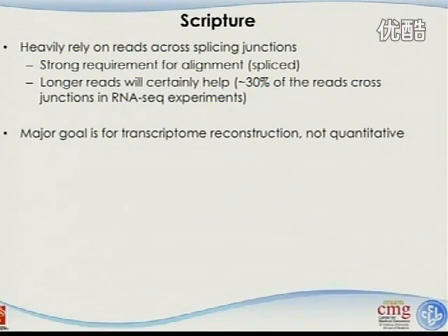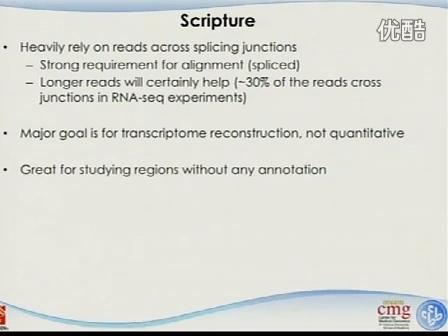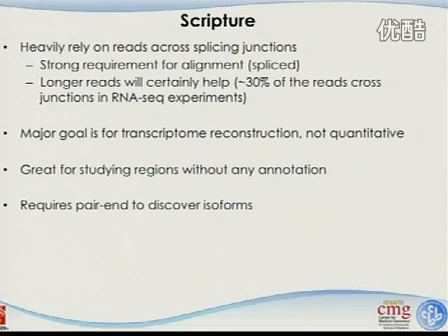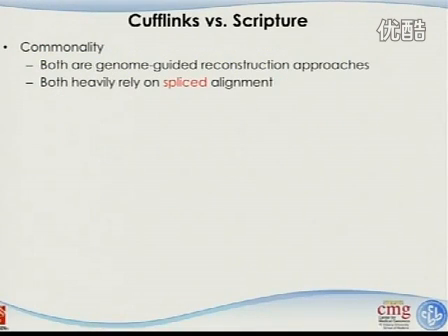That is one of the major differences between Scripture and Cufflinks. Cufflinks can do both isoform reconstruction together with quantification. For Scripture, you only do the reconstruction part. It doesn't do the quantification. And it's great for studying regions without any annotation if you do the alignment correctly. And it requires paired-end reads to discover isoforms.